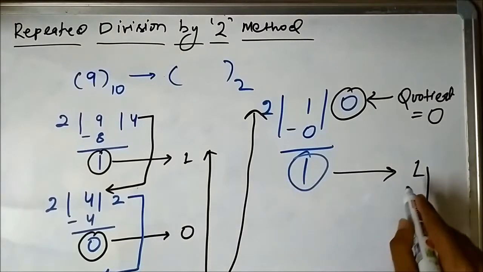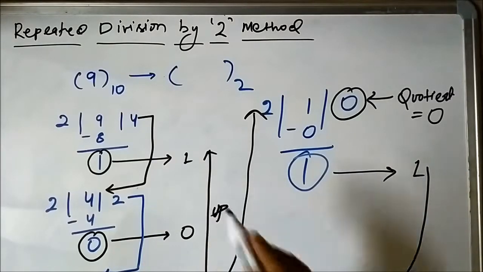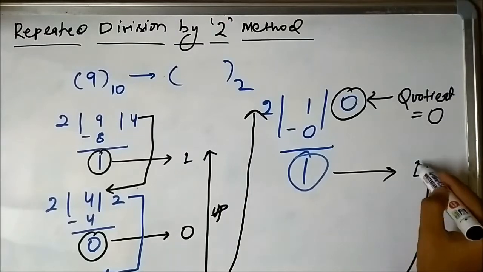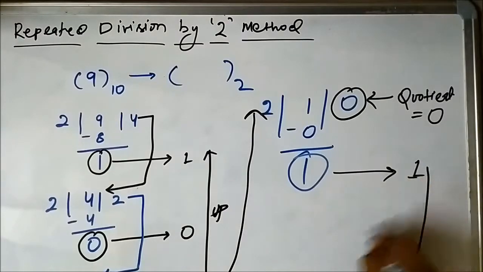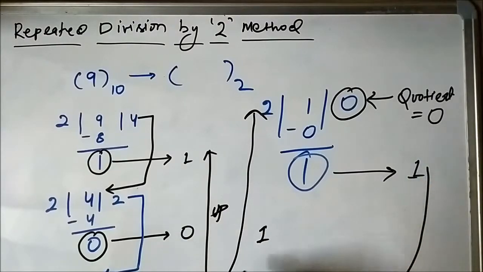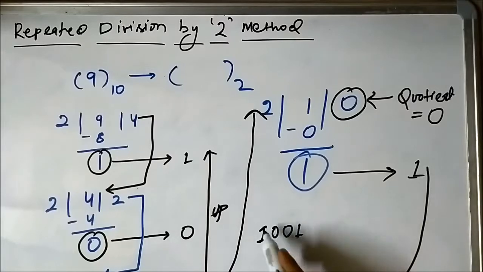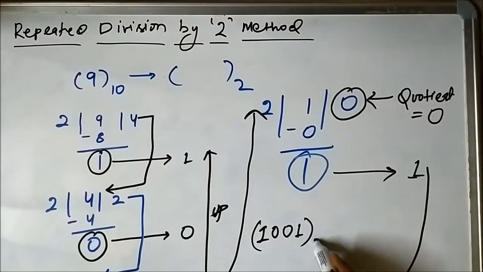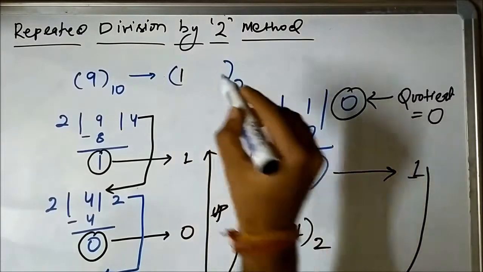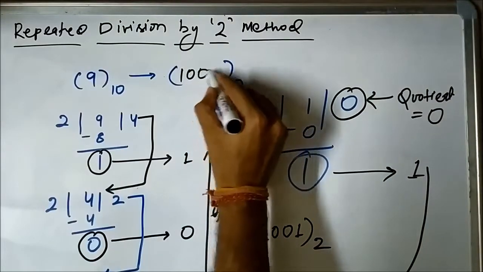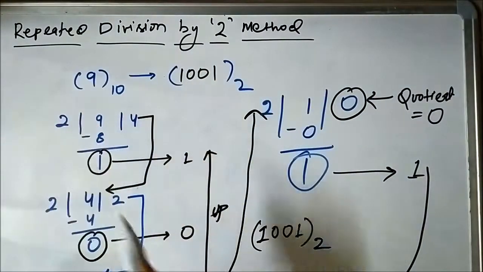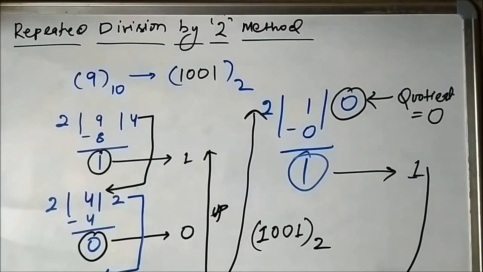The first digit that comes is 1, next is 0, 0 and 1. So this is the binary representation of the decimal number 9: 1001.